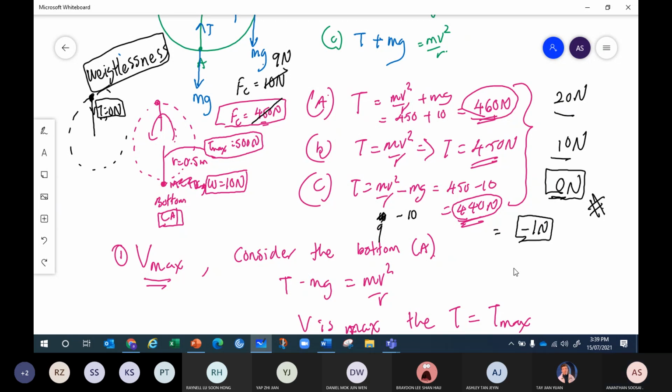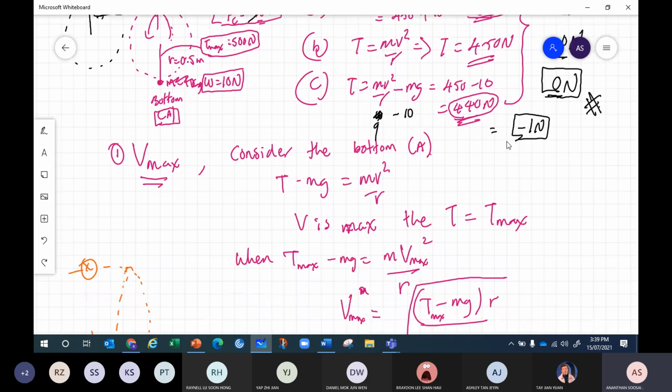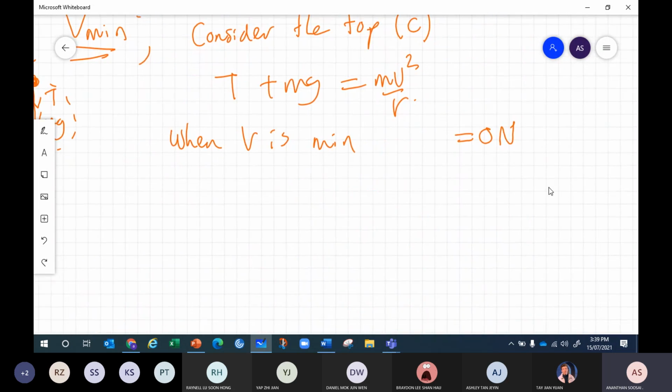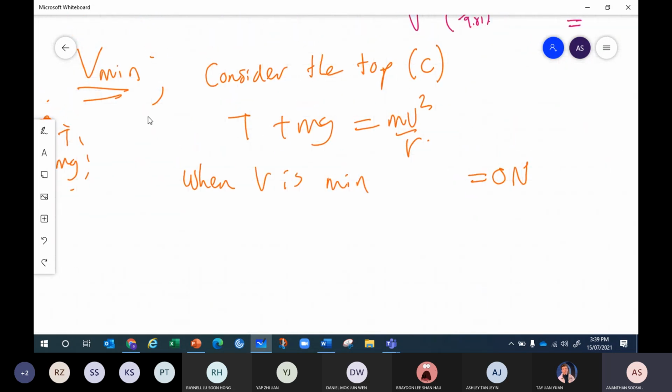Okay, we go up here. So now V minimum. When V is minimum, what should become the lowest? When centripetal force changes, what changes? Does weight change? Weight never changes. What is going to change accordingly? The tension is going to change accordingly, right?